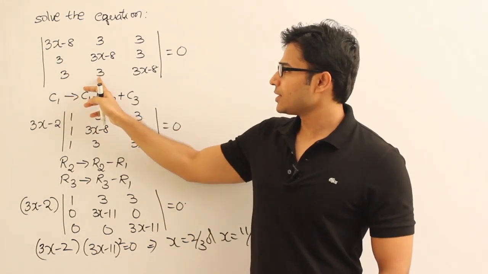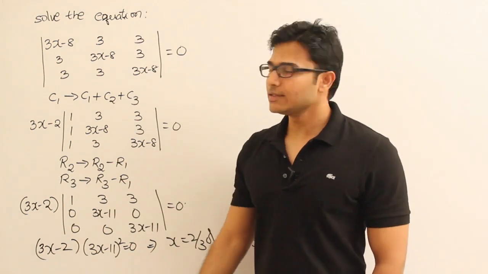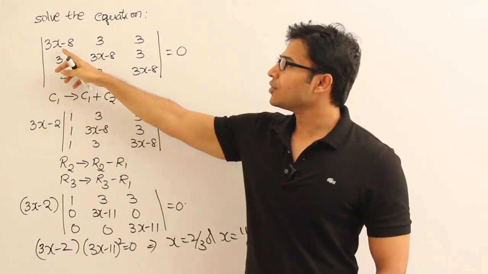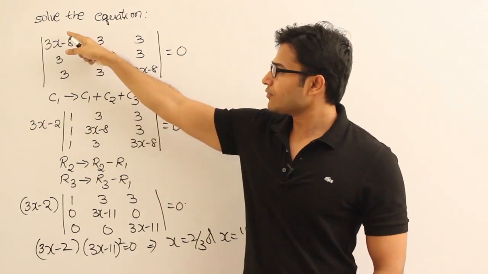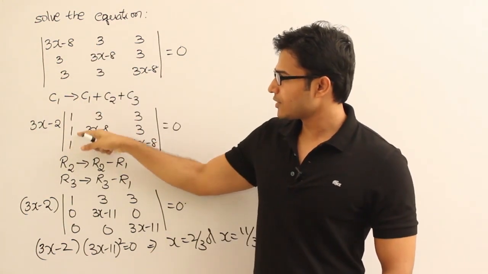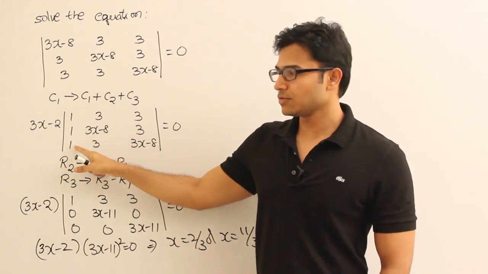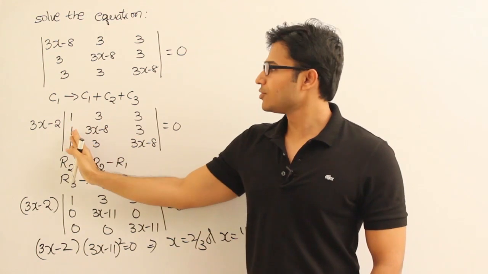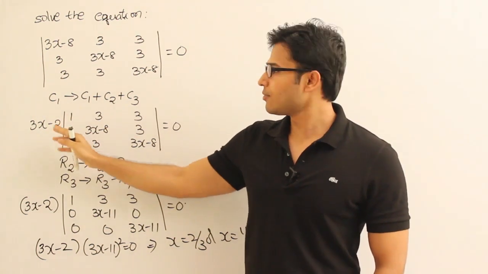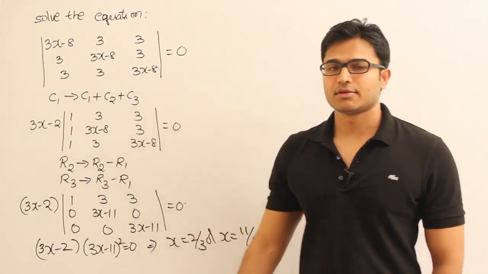Column 1 plus column 2 plus column 3, when these three are added, the sum is 3x minus 2. I am going to replace column 1 with that result. So column 1 is completely 3x minus 2, 3x minus 2, 3x minus 2. Since this is the same constant, I am going to pull it out. So 3x minus 2 is going to come out and I am going to write 1 here.